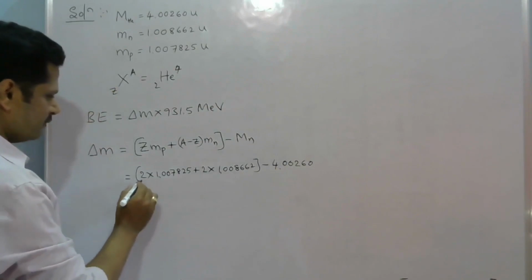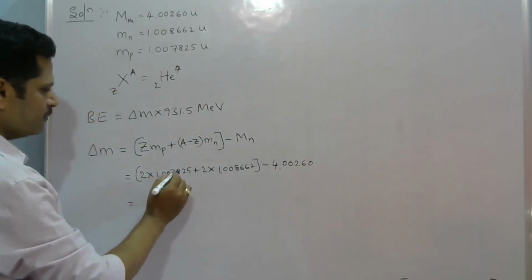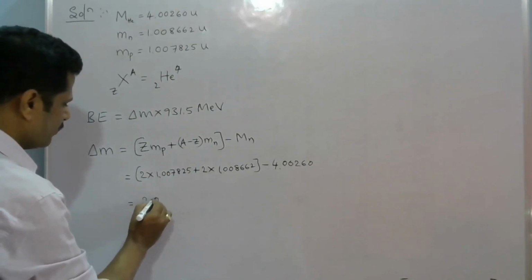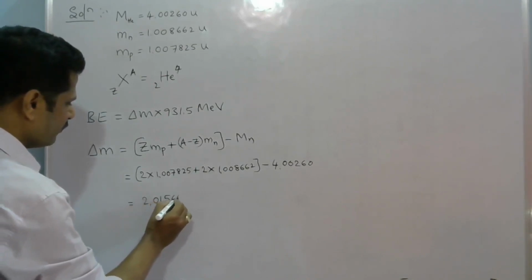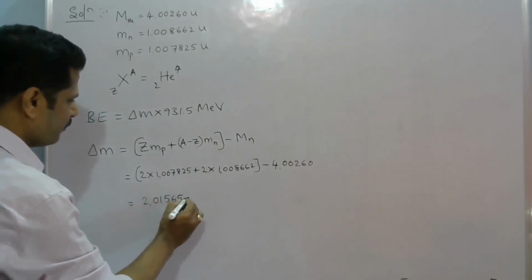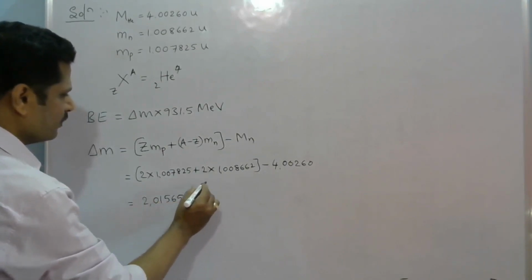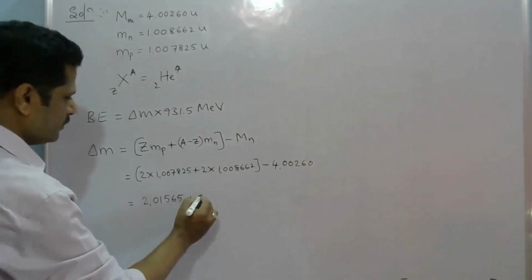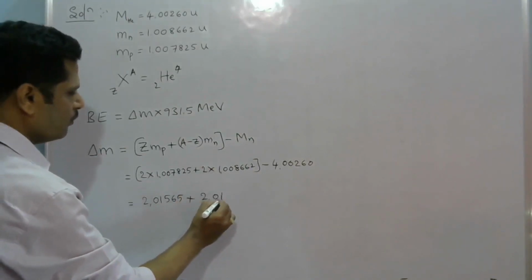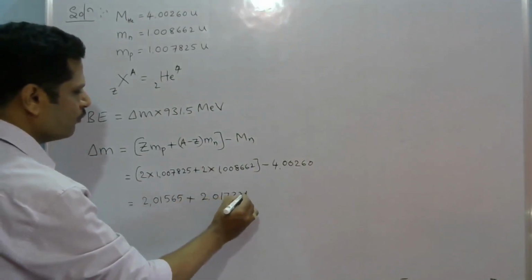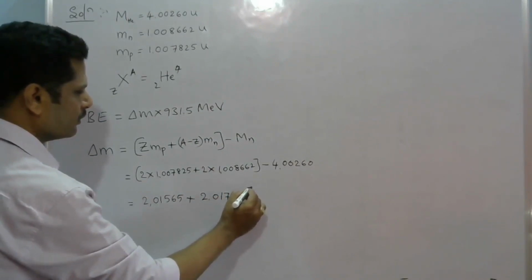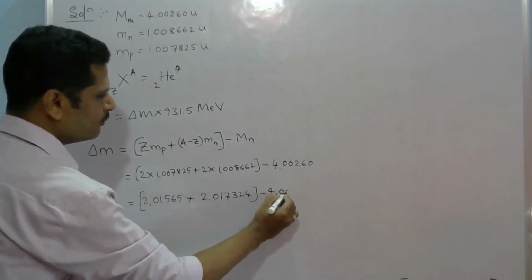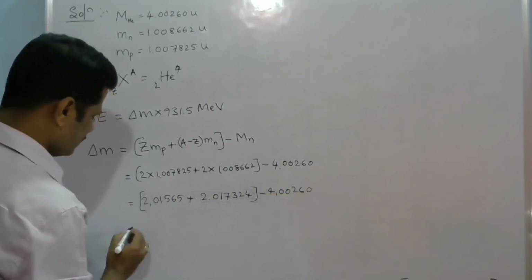So I'm simplifying this. 2 into 1.007825 is 2.01565, plus 2 into 1.008662, which is 2.017324, minus 4.00260.